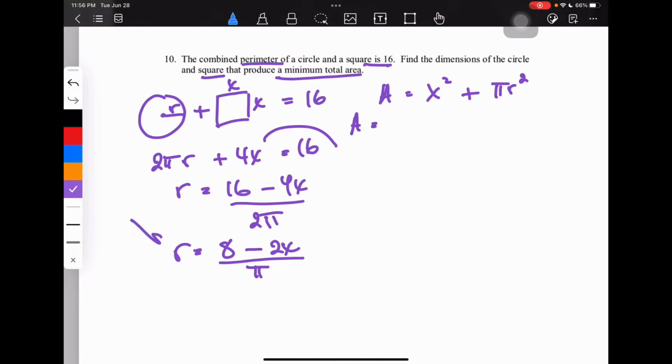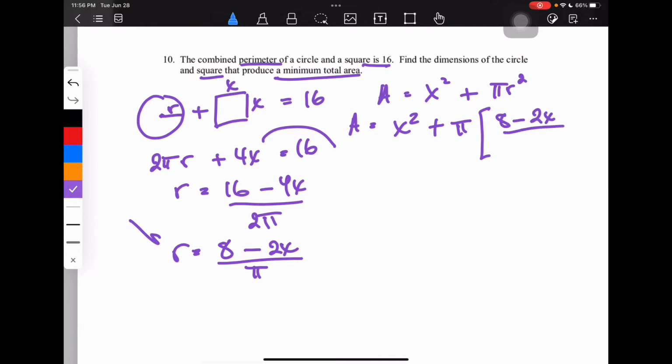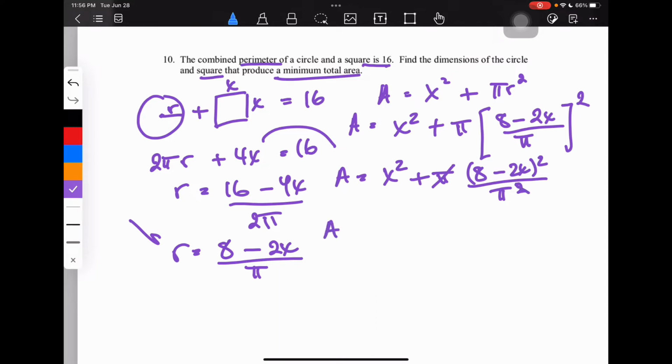So the area would equal x squared plus pi times 8 minus 2x over pi, and that should be squared. So this equals x squared plus pi times 8 minus 2x squared over pi squared, so this pi can be cancelled out, and then we can further simplify.